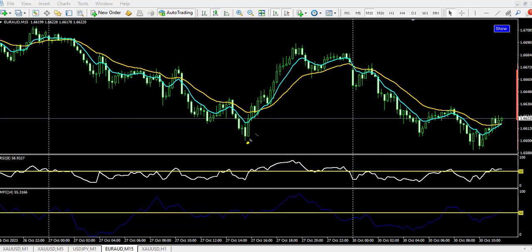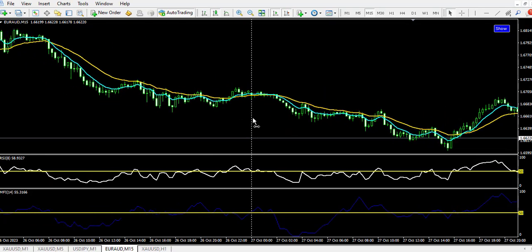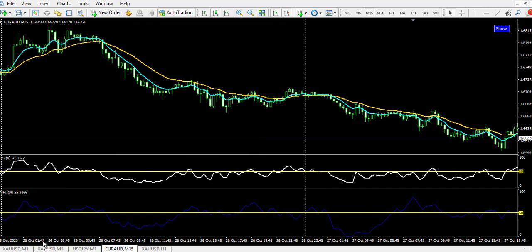Your stop loss is going to be a few pips below the previous low for a buy, and for a sell a few pips above the previous high before the signal was generated. And let's move back a bit and see how it plays out. Here we have a buy signal at this particular point.